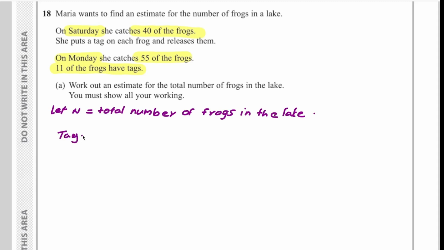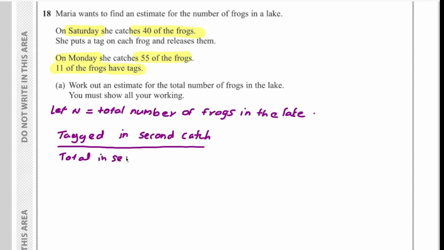Tagged in second catch over total in second catch equals total tagged over total in lake.